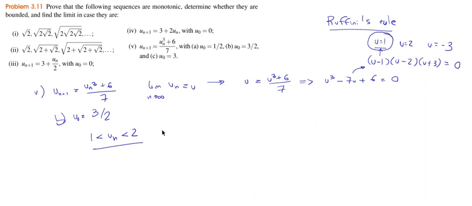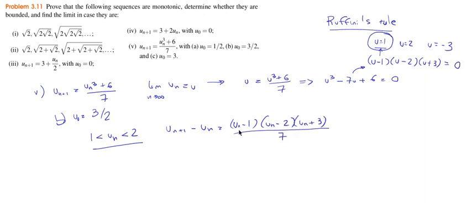So now, is the sequence increasing or decreasing? If it's increasing, then because it is bounded between 1 and 2, the limit will be 2. And if it's decreasing, the limit will be 1. So we just need to test it again. As before, we have u sub n minus 1, u sub n minus 2, u sub n plus 3 over 7.